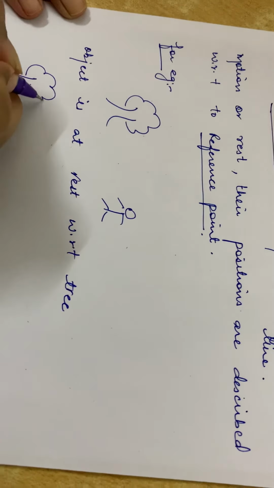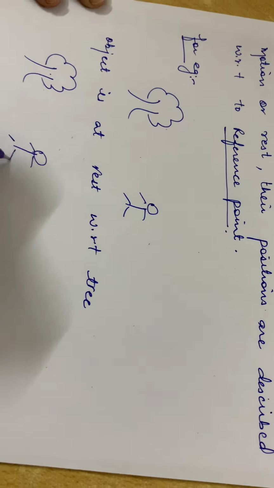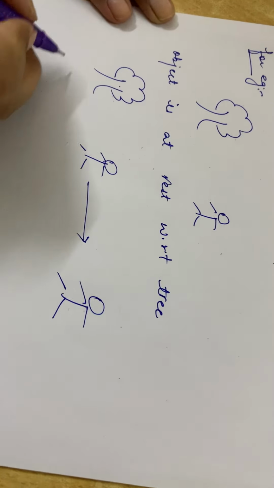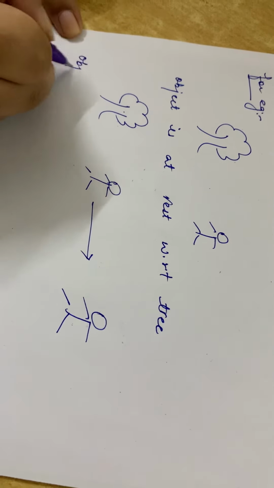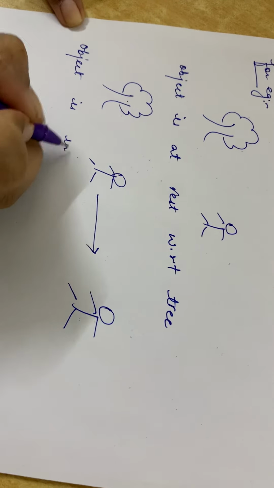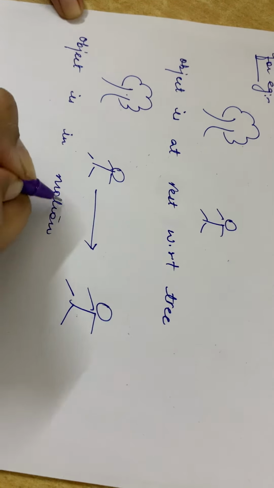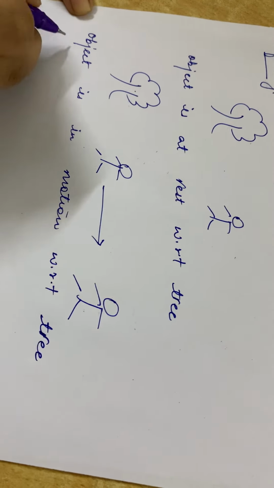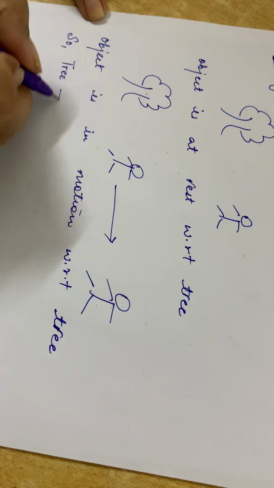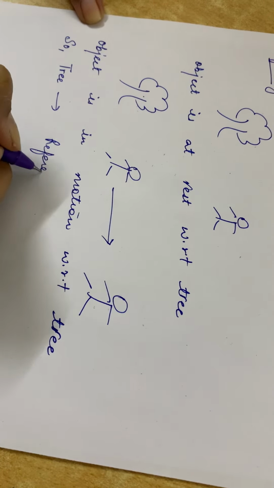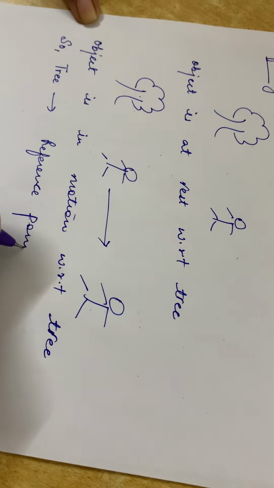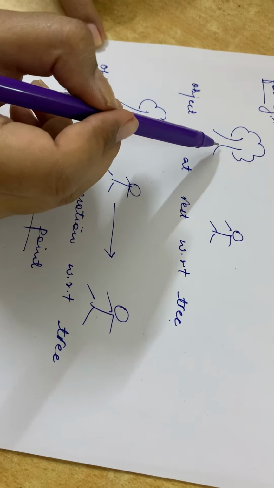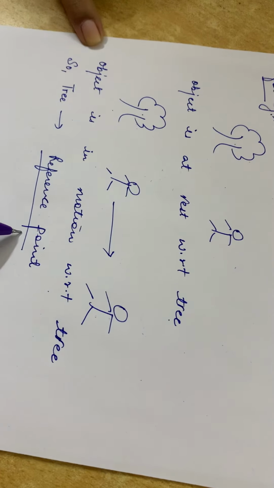Or suppose we are having an object and that object is moving. So we will say that the object is in motion with respect to tree. So here tree is our reference point. Means we are dealing with situations in which we will take one object to be a reference point.